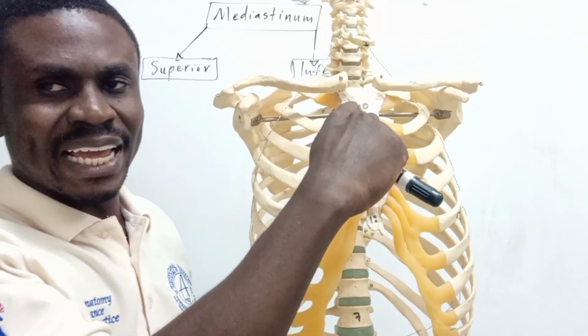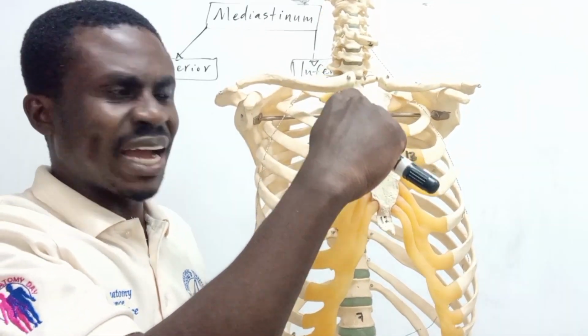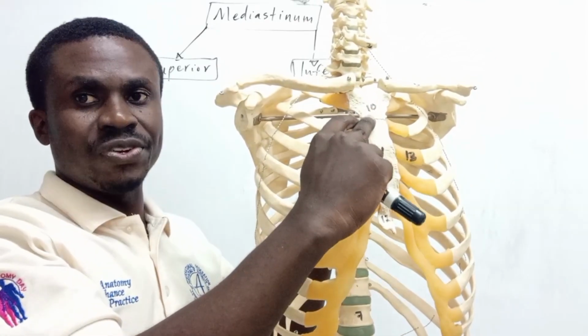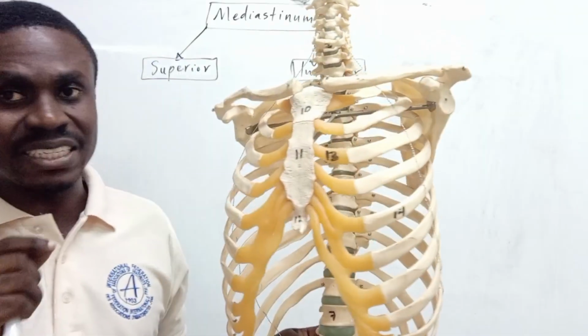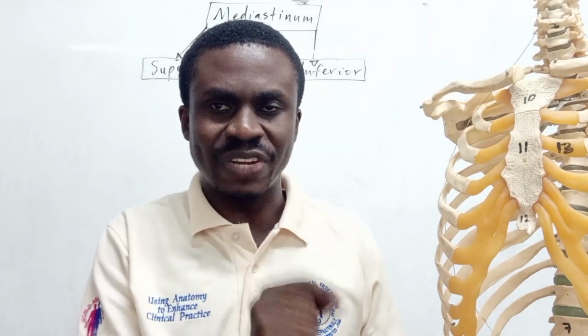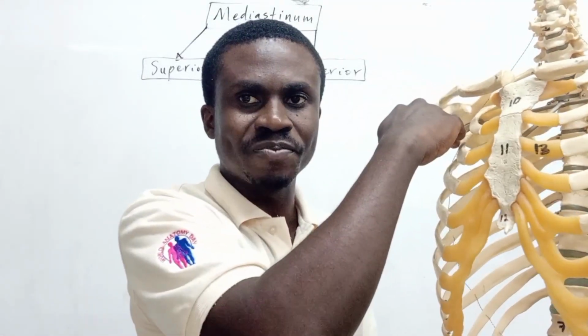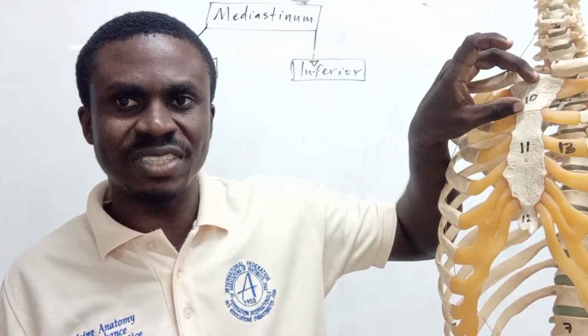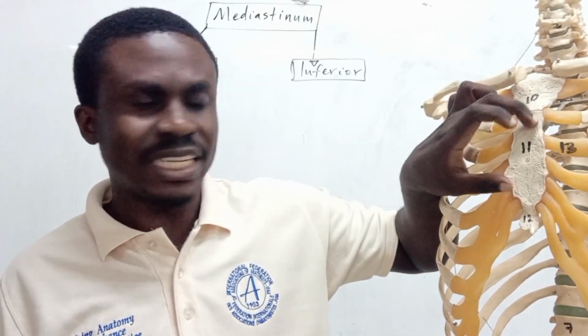So this imaginary line goes from anterior to posterior. The posterior extent of this imaginary line reaches the lower border of the T4 vertebra, the fourth thoracic vertebra. Anteriorly, this joint, which we can see over here, is between the manubrium and the body of the sternum.